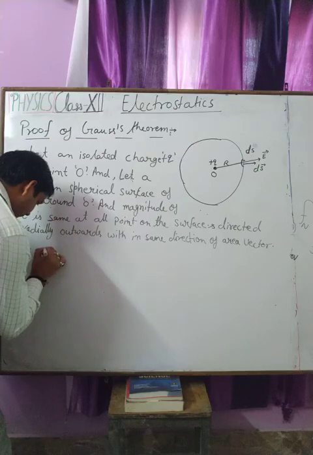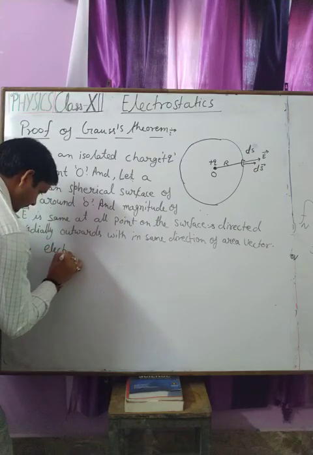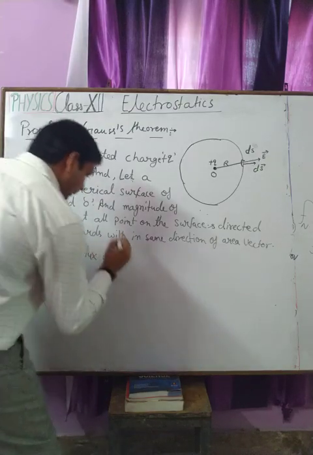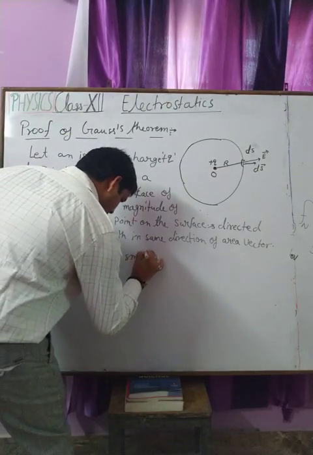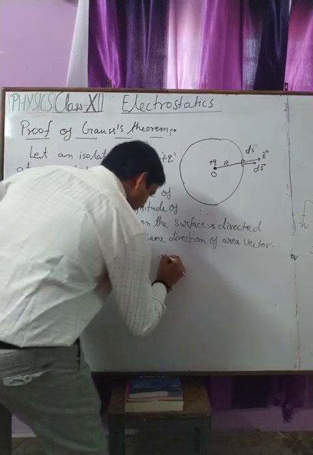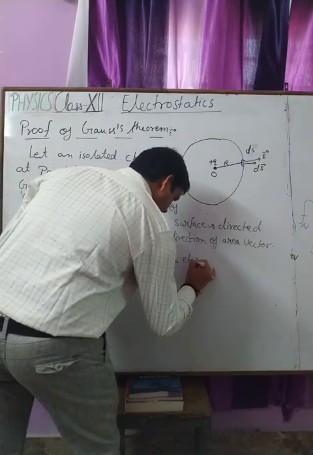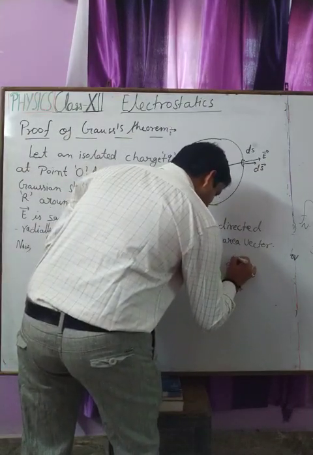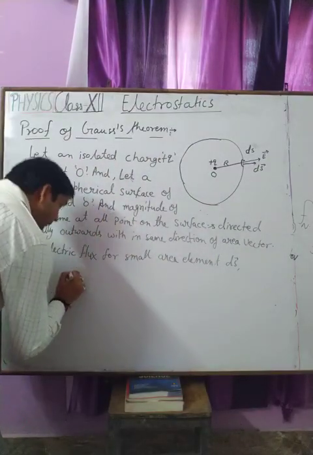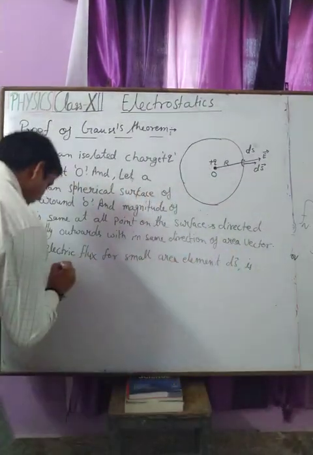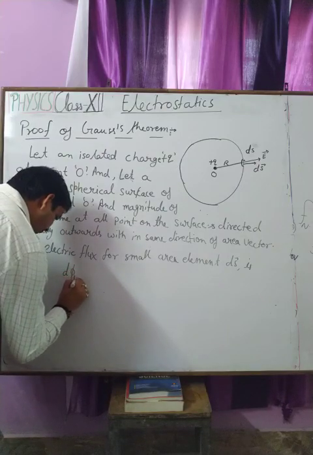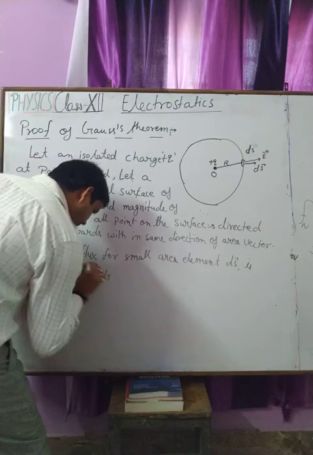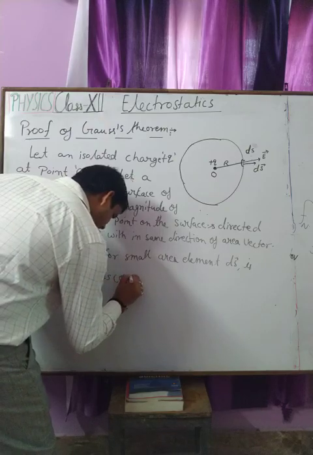Electric flux for a small area element dS is d phi E equal to vector E dS cos 0 degree.